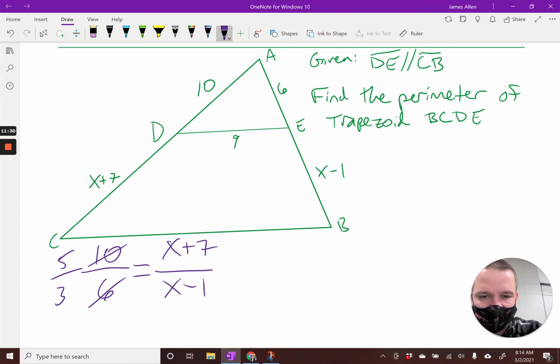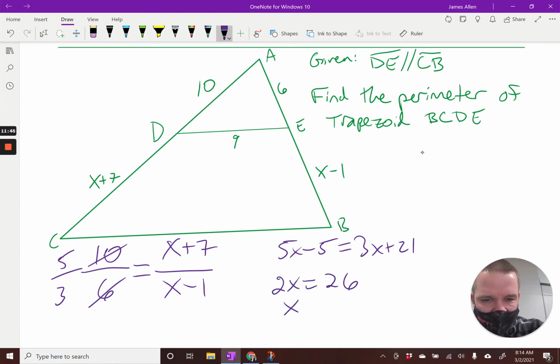So I end up with 5 times x minus 1, which would be 5x minus 5, equals 3x plus 21. If you need to, write it out first and then distribute. So let's see, we got 2x is equal to 26. So x equals 13. And when I plug this back in, I'm going to get 20, and I'm going to get 12 for those two lengths.